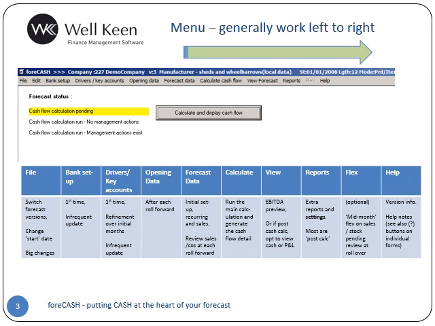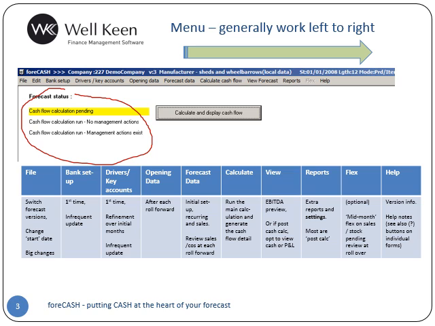The upper part of this screen shows a typical view when you open a forecast company within foreCASH. In the area below the main menu, you'll see three different statuses shown. Currently, the status is Cashflow calculation pending.